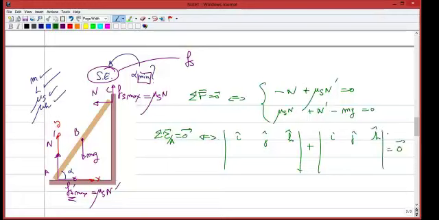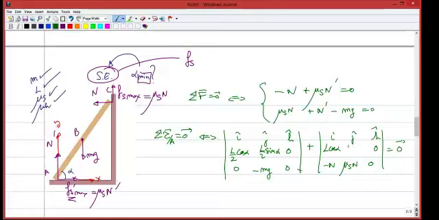Back to chapter 2. Negative mg, that's easy, 0, 0. Negative N plus μs N, 0, 0, 0. And now back to chapter 2, simple geometry. If we know the length L, then this is L over 2 cosine alpha, L over 2 sin alpha. And the last one is just double that.